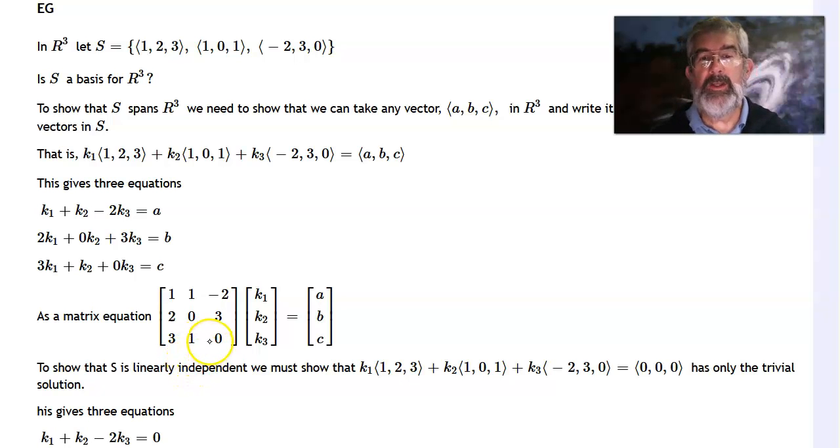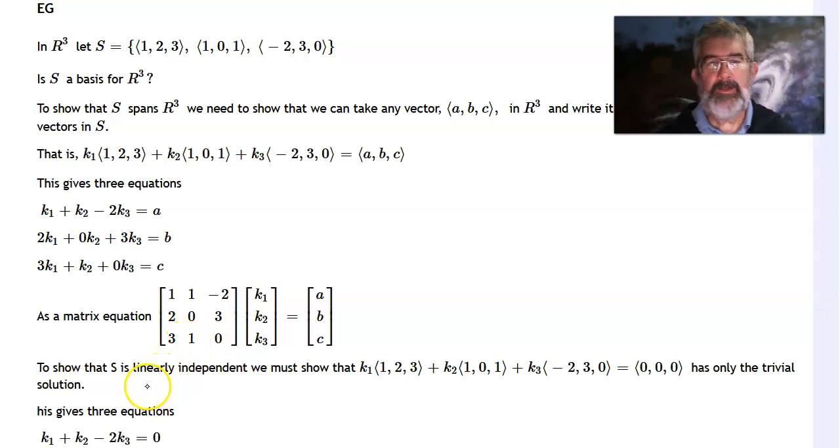One of the things equivalent to being invertible was that this matrix equation has a solution for every vector you put here. And if you have a solution for every vector you put here, then yes, the matrix has to be invertible. Also, we know that if it's invertible, then the determinant is not equal to 0. So to show that this always has a solution, no matter what a, b, and c are, I would just have to show that the determinant of this is not equal to 0.